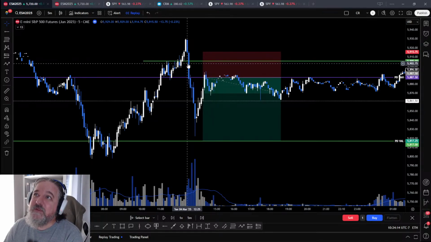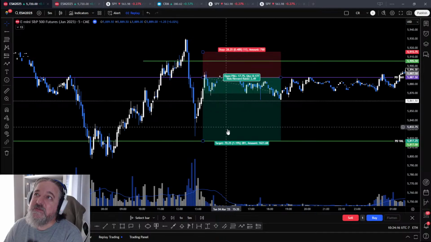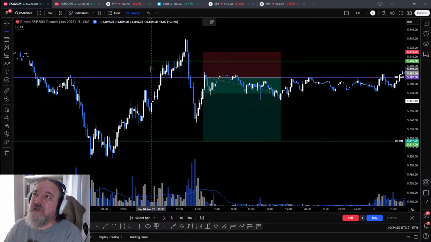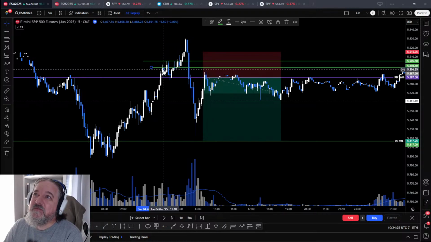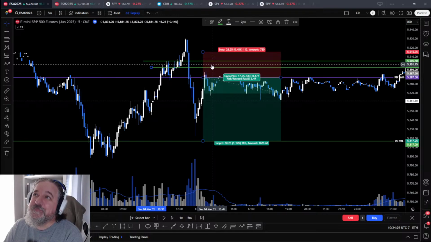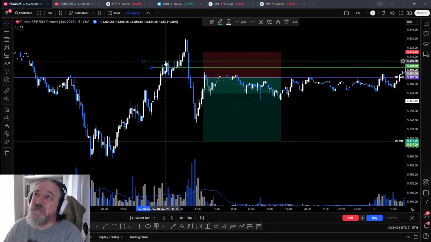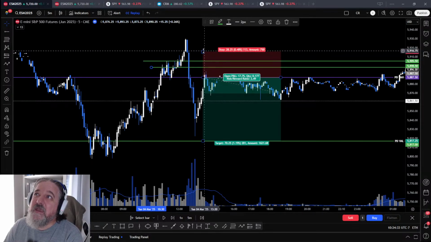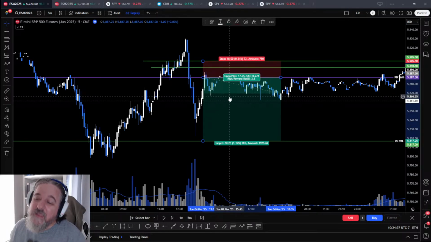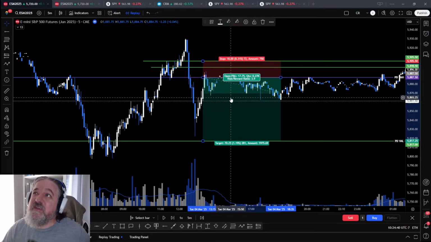I always look at previous information, previous levels. So my eyes go to this poor high here, or my eyes go to, again, resistance turned into support. If they break this poor high, everybody should know what's going to happen, right?